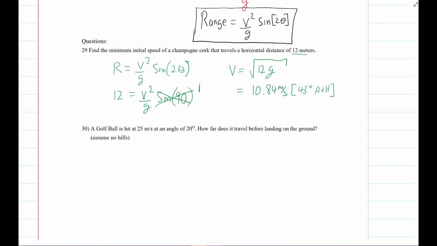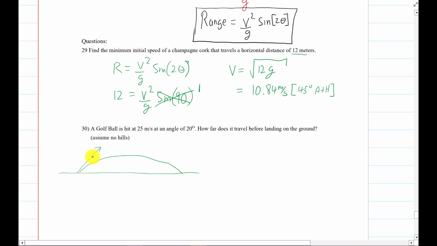Welcome back, Physics fans. And here is question number 30 on Physics 12 projectiles. A golf ball is hit at 25 meters per second at an angle of 20 degrees. How far does it travel before landing on the ground? So it is assuming level ground, and it's a projectile that's pretty shallowly launched.